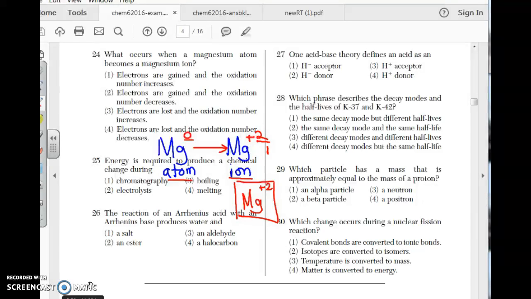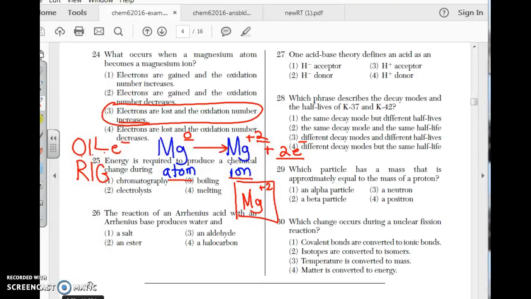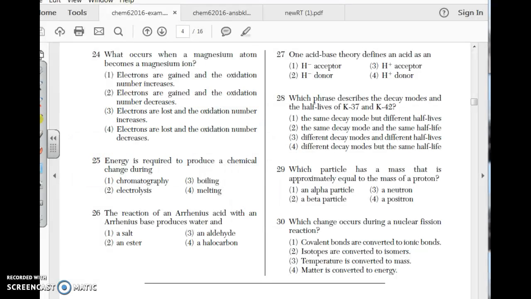And remember, if we finish this half reaction, we have to put 2 electrons on the product side, showing us that we lose electrons. When that happens in oxidation, remember OIL RIG, oxidation is losing. You might even like OILY RIG, oxidation is losing electrons. So since we know that the oxidation number increases, we know that it's oxidation, and therefore we know electrons are lost.